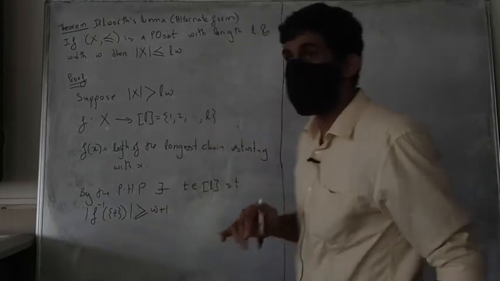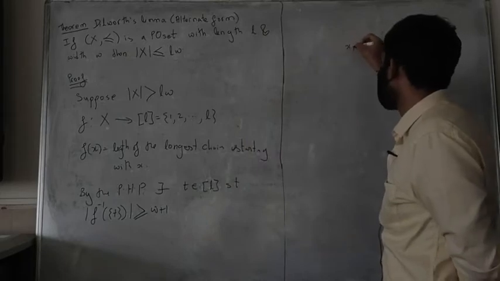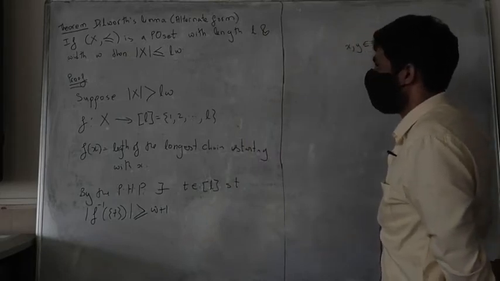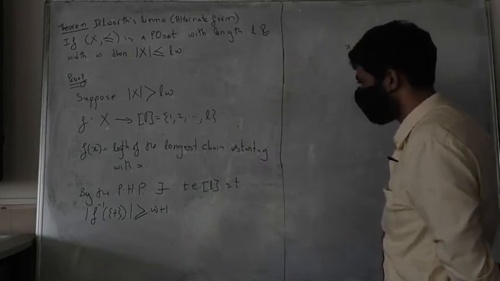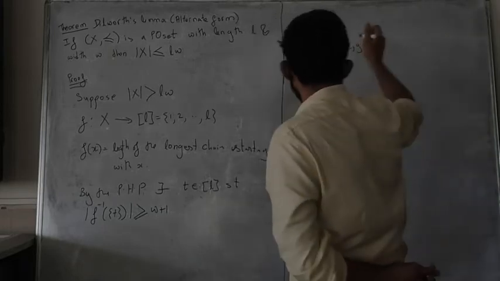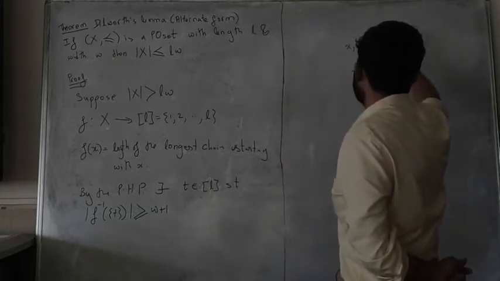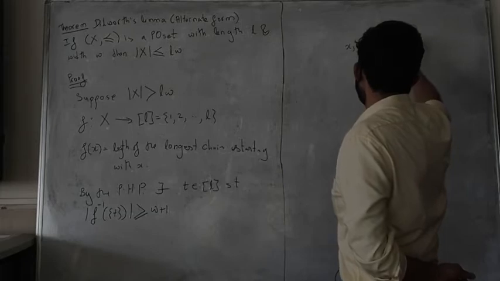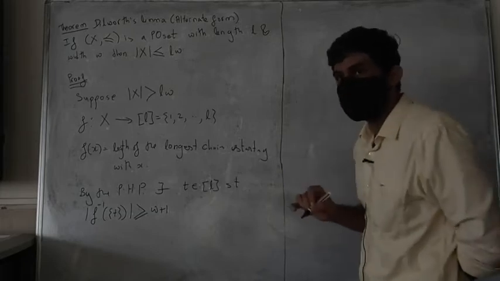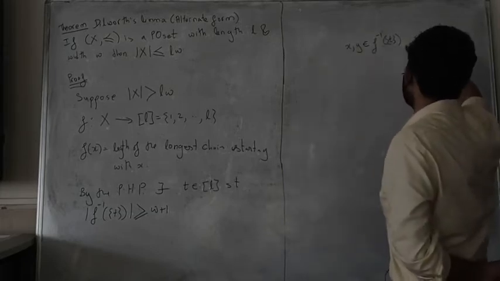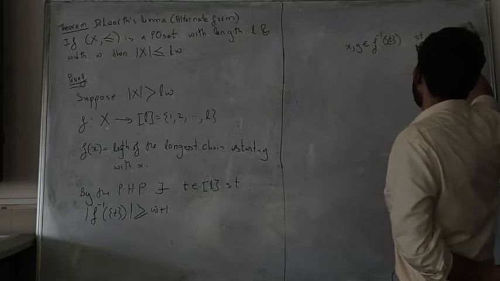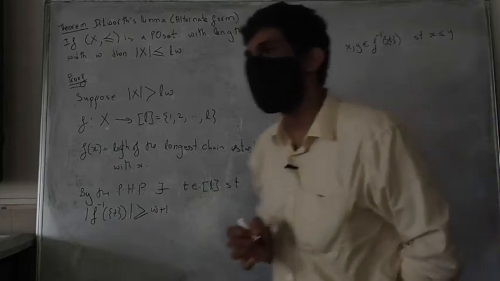Why? Because suppose you have some x and y in f inverse of t, which are related, such that x is less than or equal to y. What is the contradiction?